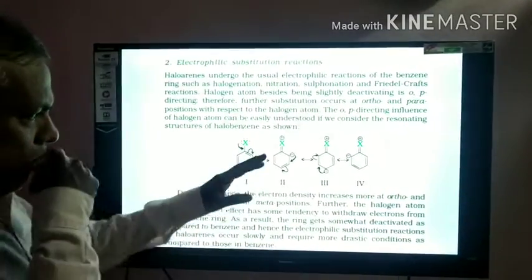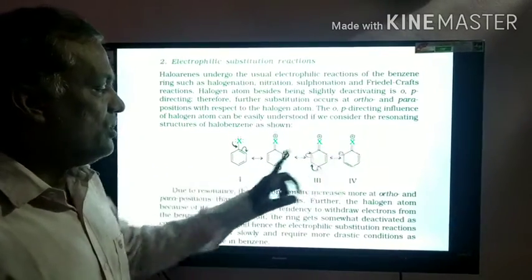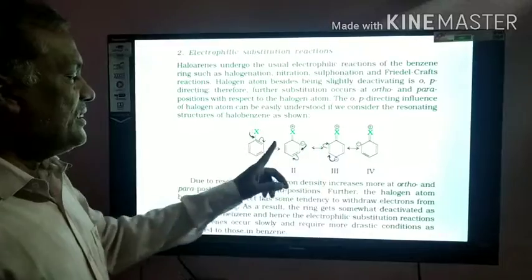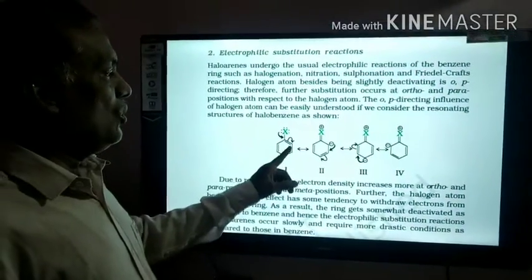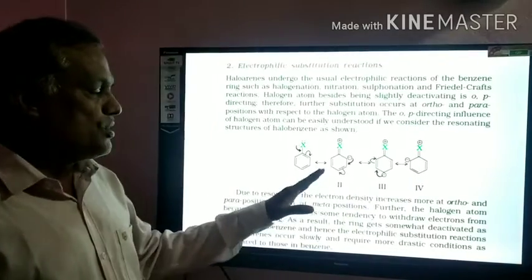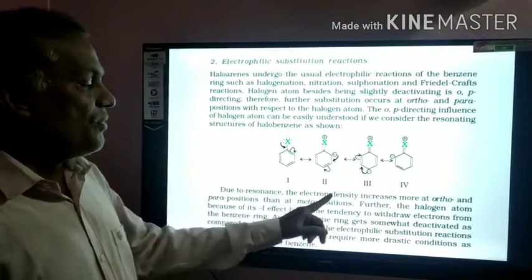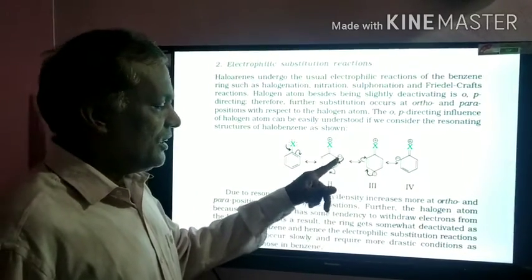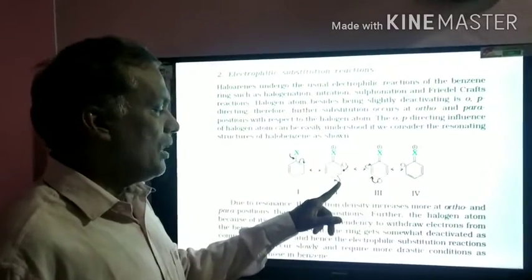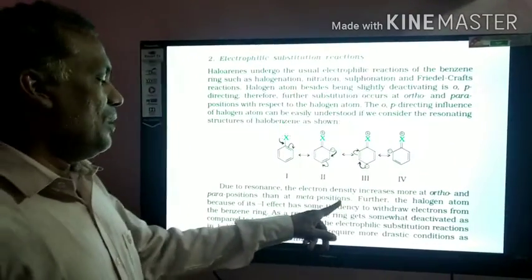By considering the resonance structures, we can say that the attacking group will be attached at the ortho and para positions only. Due to resonance, the electron density increases at the ortho and para positions, and it is less at the meta positions.